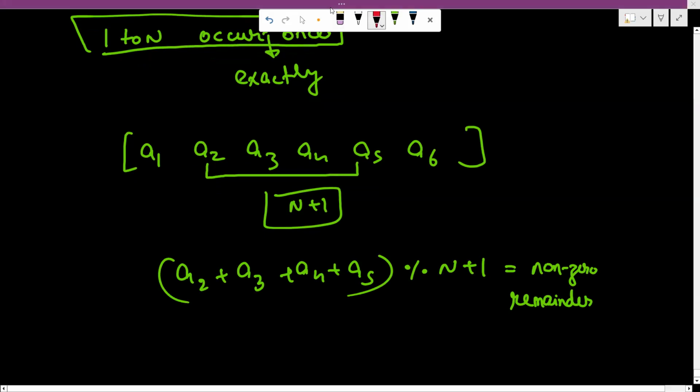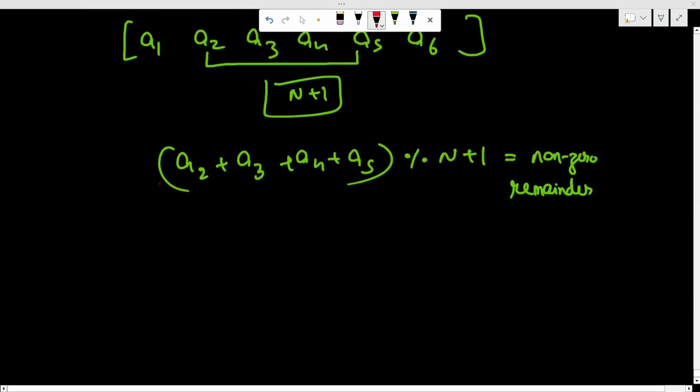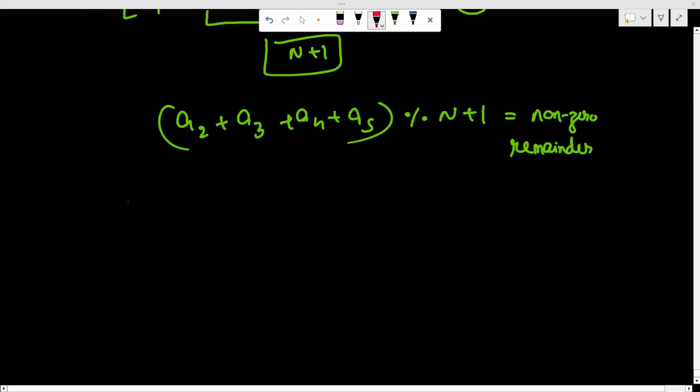How can we do this? Whenever these types of questions come, where you want to build a permutation and check some conditions, there is a very basic method that you should follow. First think about how you can actually solve this. But if you're not getting anything, you can simply divide your answer into two cases: if the value of n is even or if the value of n is odd.